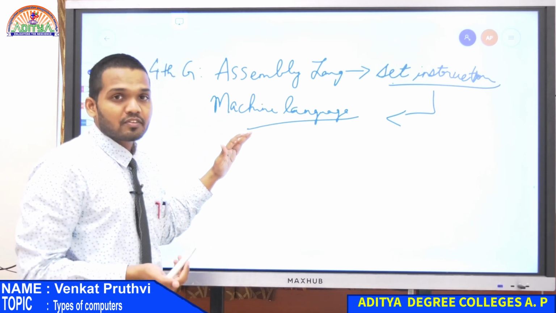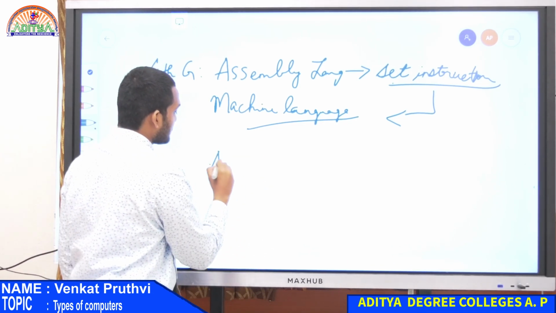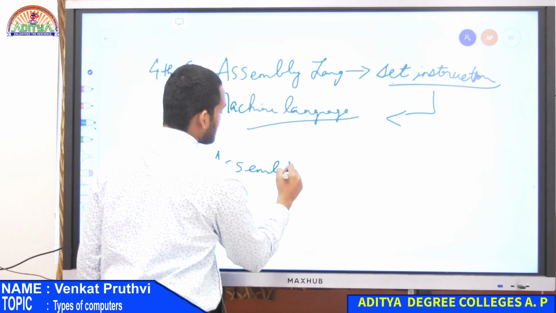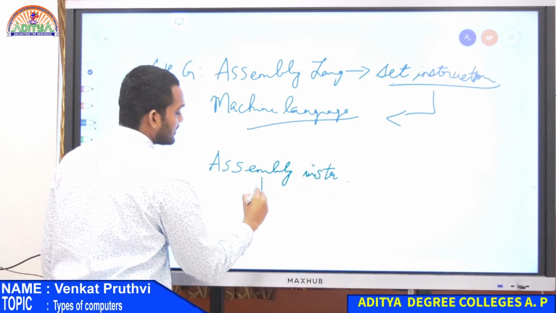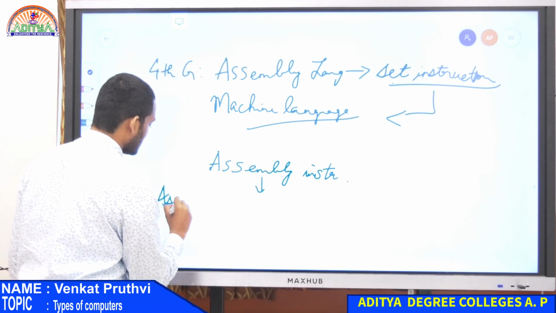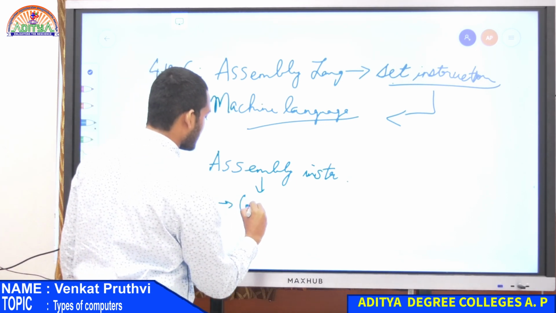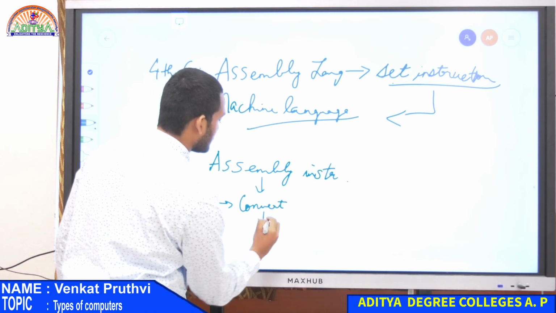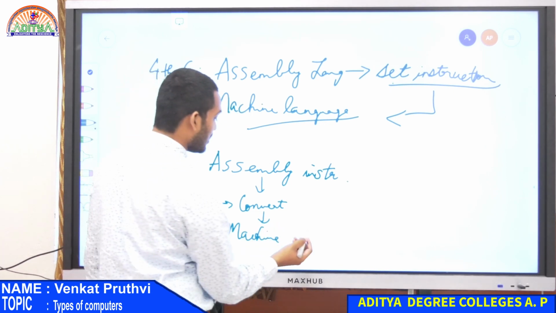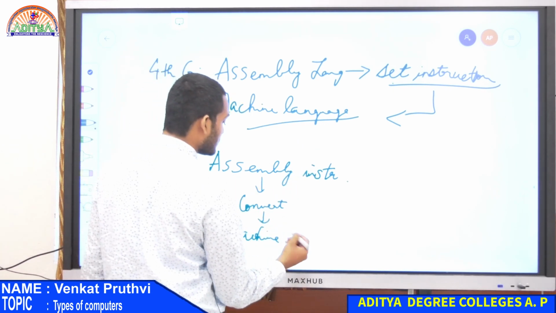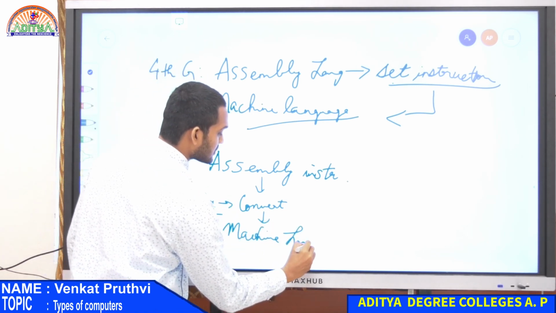When it comes to this generation, there were some computers that took input as assembly instructions, and with the help of an assembler, they used to convert it into machine language, because it isn't possible for us to manually convert all the instructions we are providing to the computer. So we take the help of an assembler to convert it into machine language.